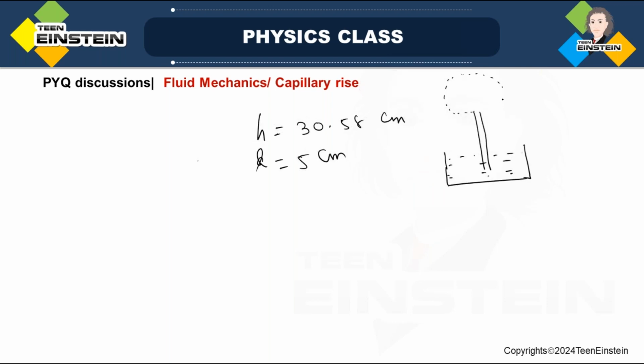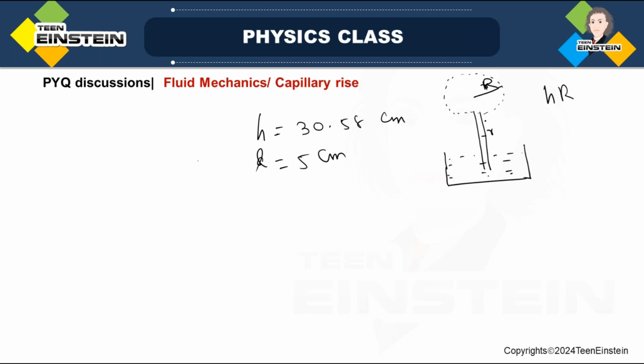It spreads out such that H, the height, into R, the radius of the meniscus, is constant. Sorry, this is capital R, and this has got smaller radius. So this capital R is the radius of the meniscus.